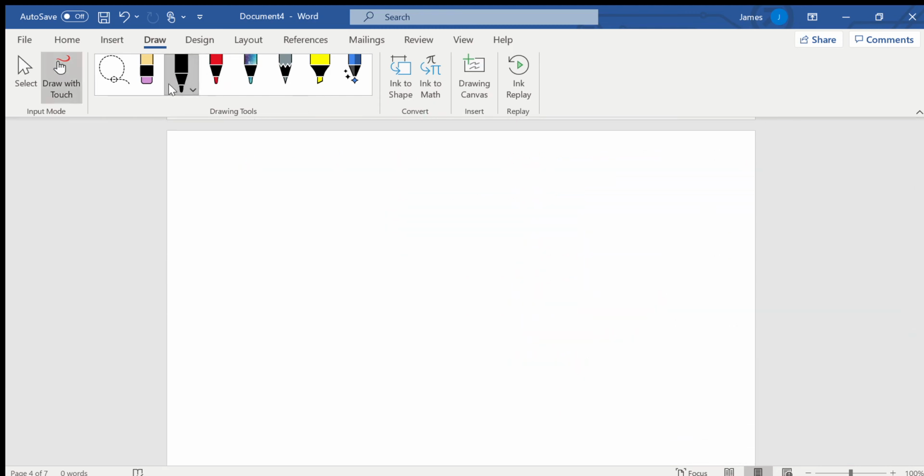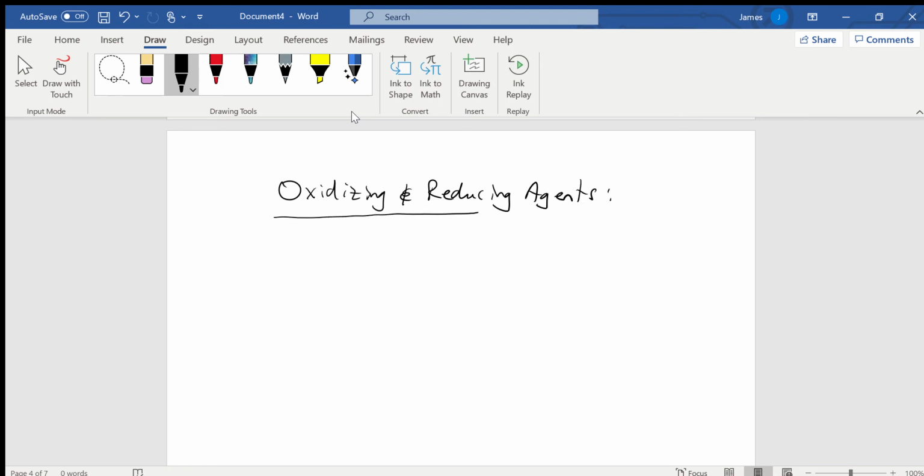Okay, next thing I want to move on to now is oxidizing and reducing agents. Oxidizing and reducing agents.